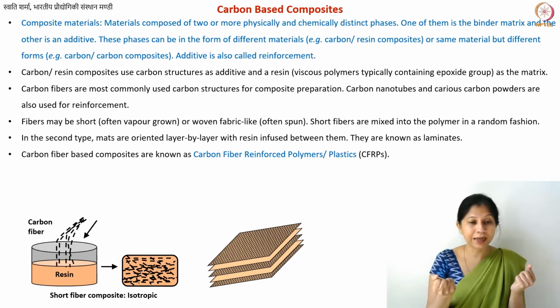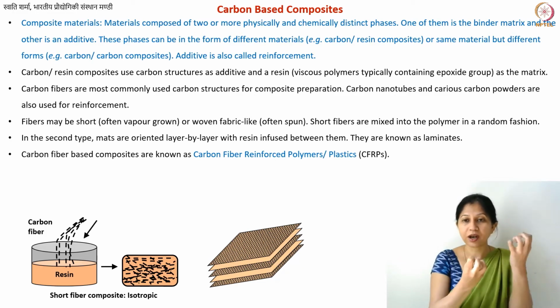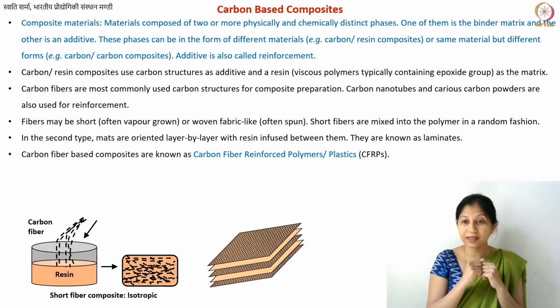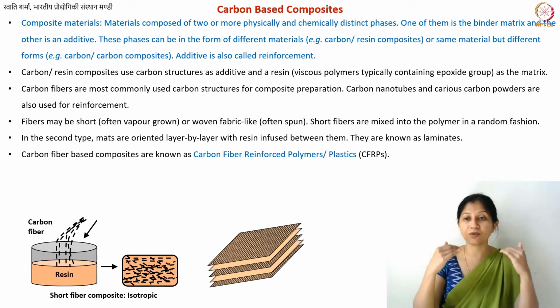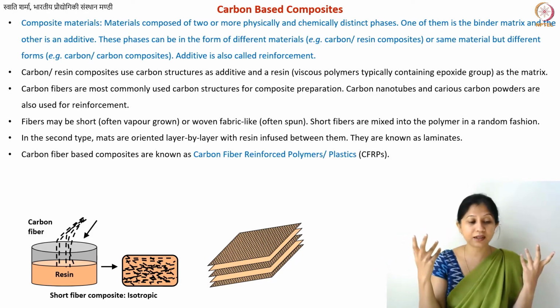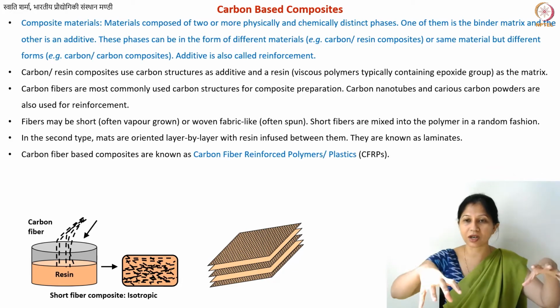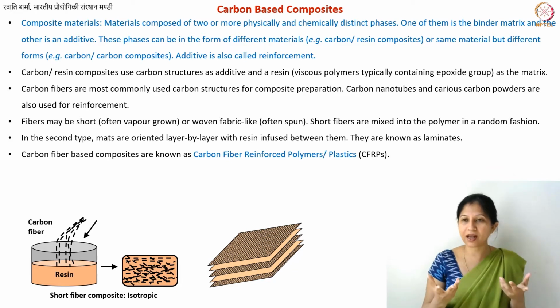Now what will happen? The resin should go inside your mat. It should infuse inside your carbon fiber mat. Then you place another mat, then you place another mat, and so on. And at every step, you sort of press it nicely. You make sure that the resin has gone inside your mat. And this is how you make these structures.